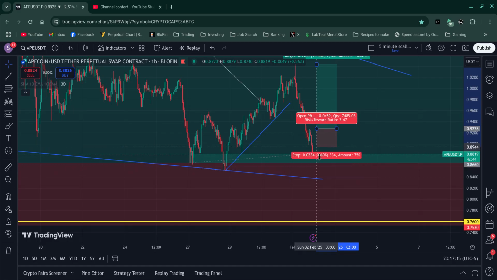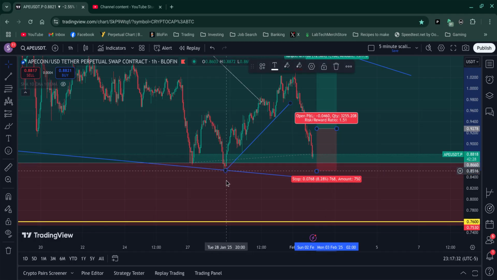So if it does come back up here and we're going to enter into the trade, it would probably be okay setting it right out there. Well, no, actually, we can keep it right here. So we can set our stop and say if it gets below this lower low right here, then we don't want to be in the trade anymore.